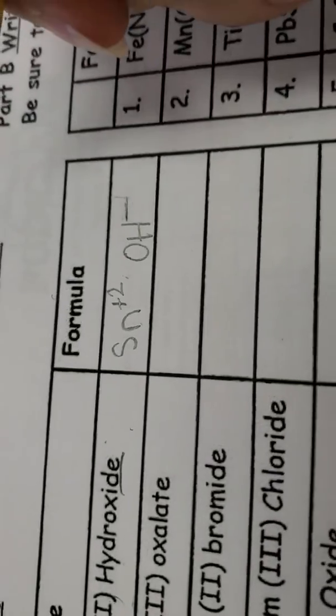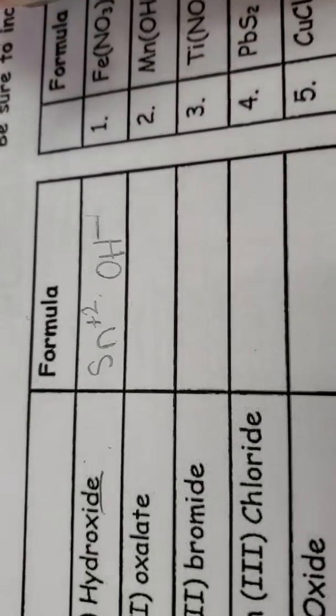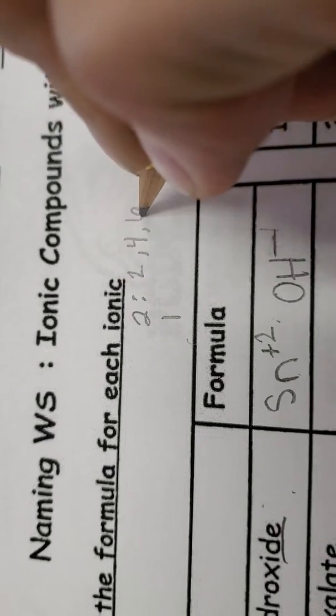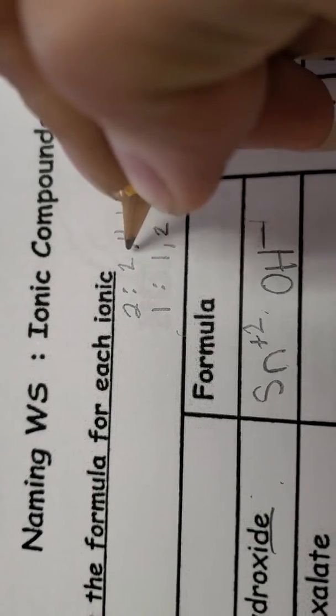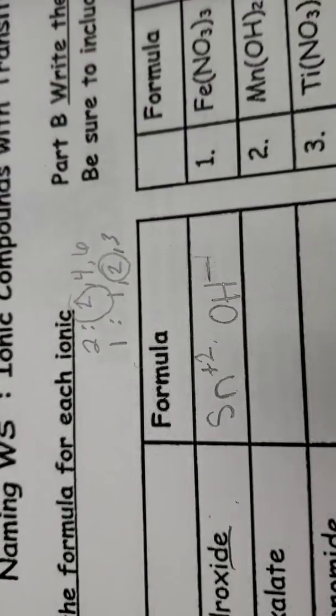All right, so positive 2 and negative 1 do not add up to 0. It is not a neutral compound. Because of that, I need to find the least common multiple. So if I pick multiples of 2 and multiples of 1, so multiples of 2, 2, 4, 6, etc. Multiples of 1, 1, 2, etc. Well, 2 is the least common multiple.